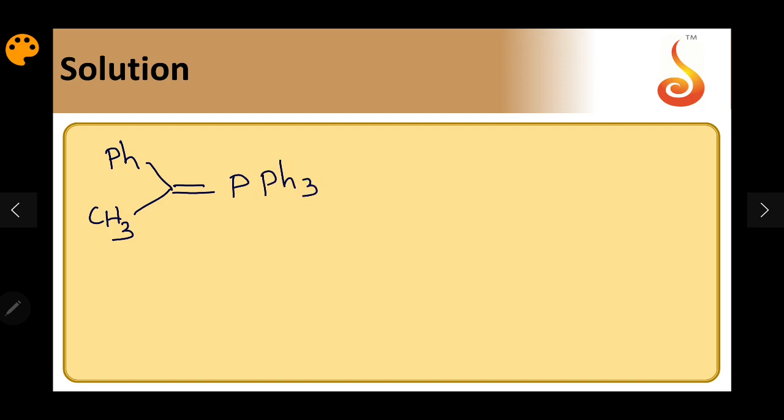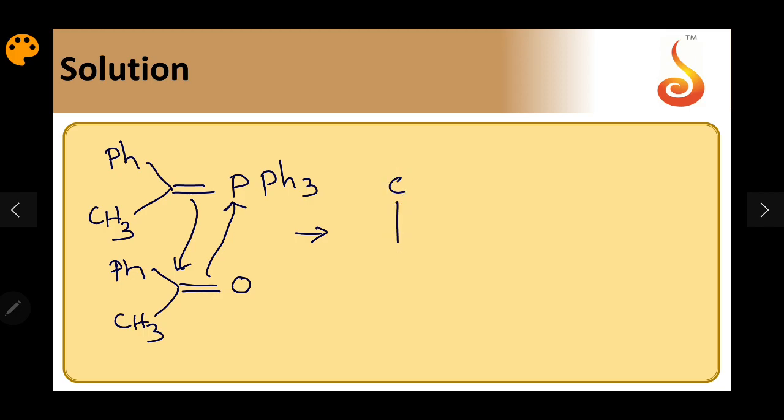The other compound I can write the same way: Ph, CH3, double bond O. What happens is a cyclic intermediate is formed. This pair of electrons will come here and this electron pair will go here. So I'll get C, C, P, PPh3, then O. This is a cyclic intermediate.